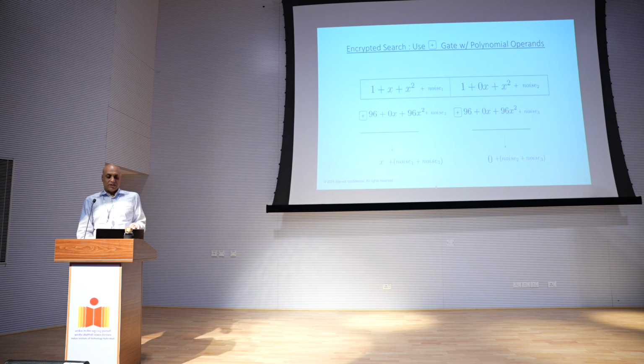So what can I do with this? Recall that 0 over here is a sentinel or a distinguisher that tells me that I have a match of this particular element in the array. So I simply give the results of this search to the end user, and the end user can decrypt it.